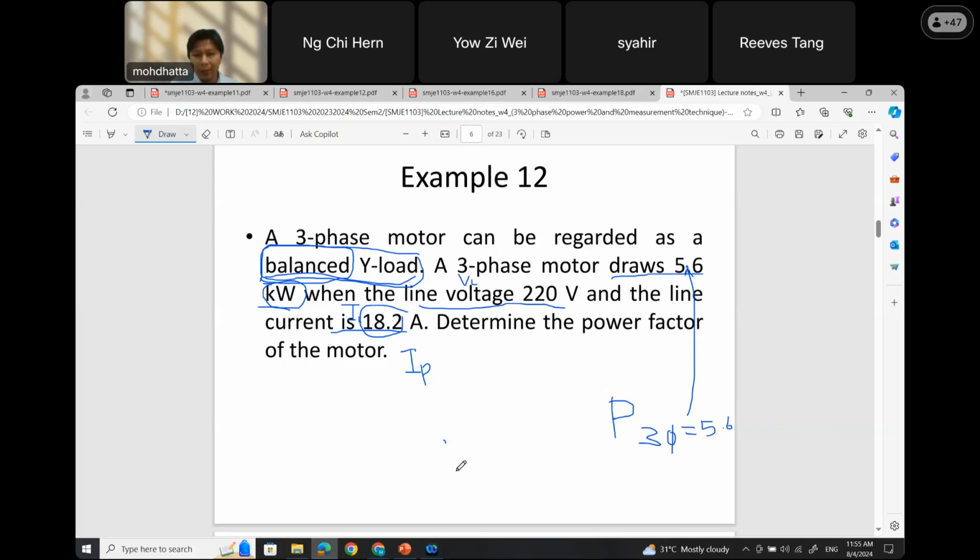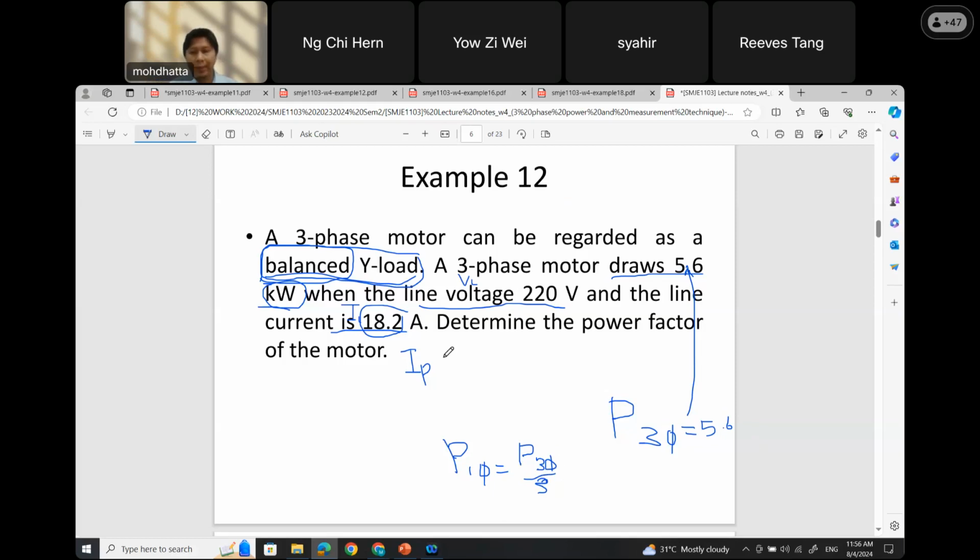If I try to find P single phase, just by dividing my three-phase power by 3, I will get my single phase active power, or the power information for each phase.